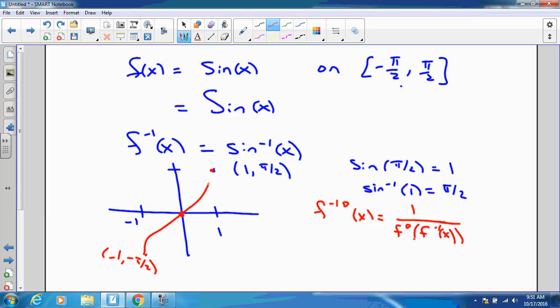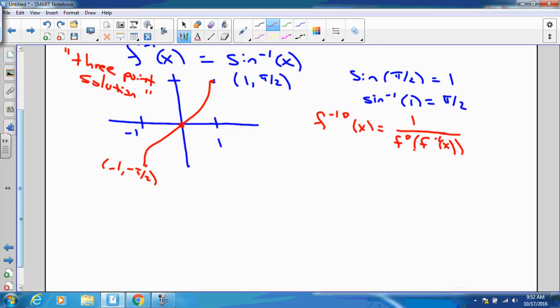This function must always be increasing. We'll work out the concavity relationship later, but here's going to be our graph of inverse sine. And to keep our head straight on that graph, I recommend a 3-point solution.